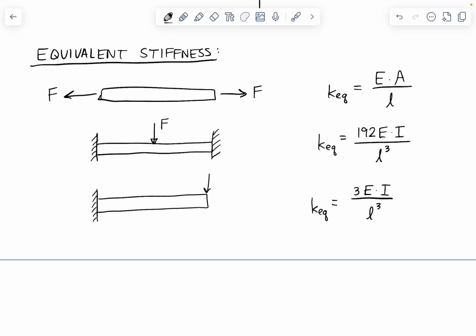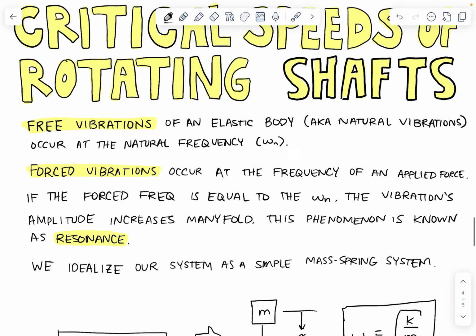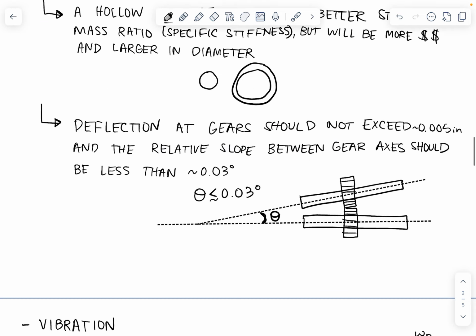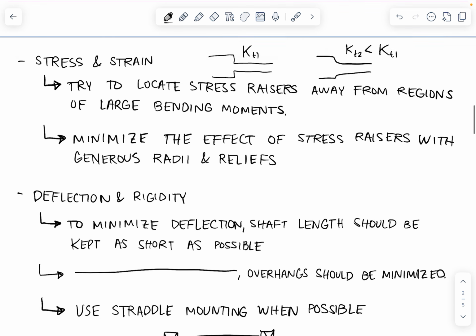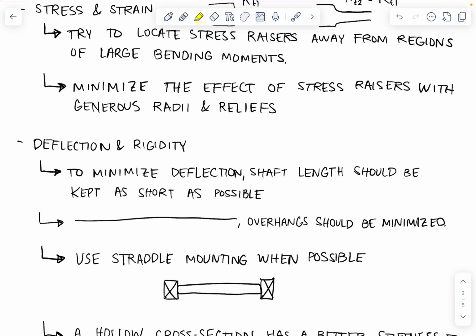Right away we can see a few things from these equivalent stiffness equations. Remember when we were going through our best practices list, and I'll scroll up so we can find it, we said that to minimize deflection, we wanted to keep the shaft length as short as possible.